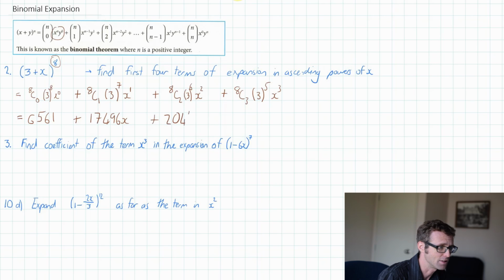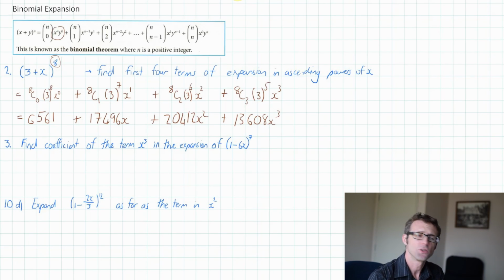And this is an x squared term. Then the next one is 8 choose 3. How many ways of doing that are there? Our calculator tells us there's 56 ways. 8 choose 3 is 56. I multiply that by 3 to the power of 5, and that gives me 13,608x cubed.